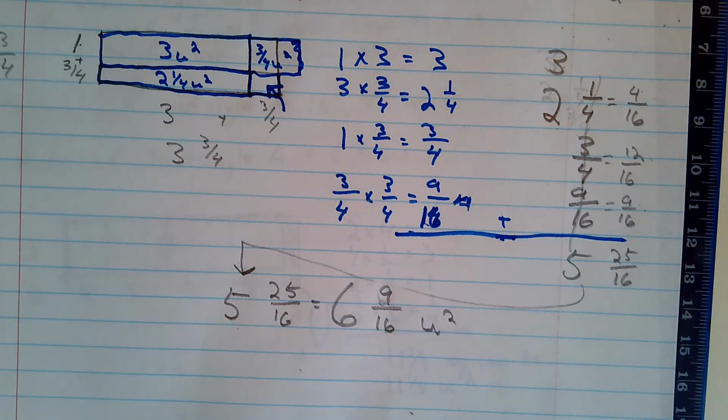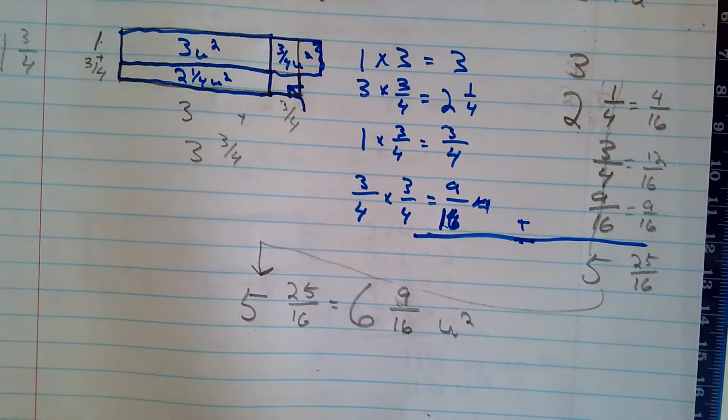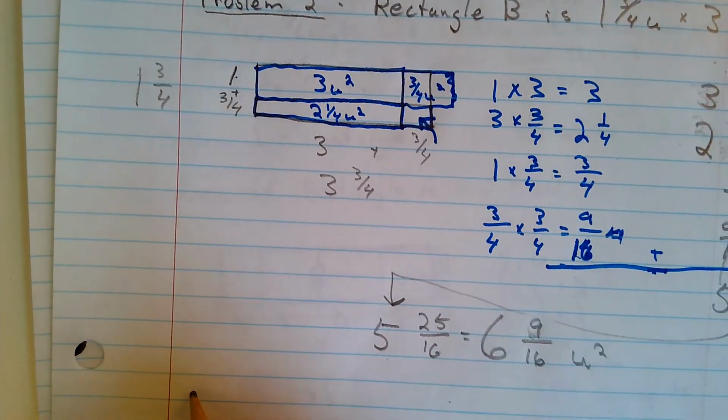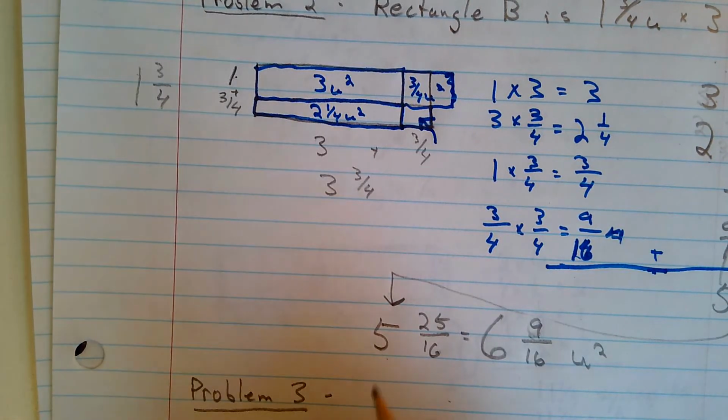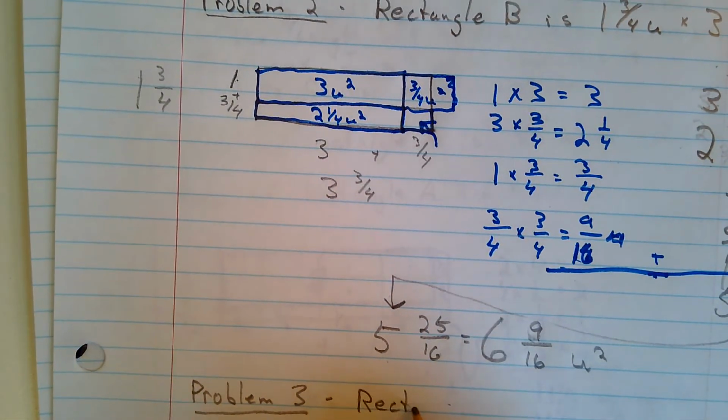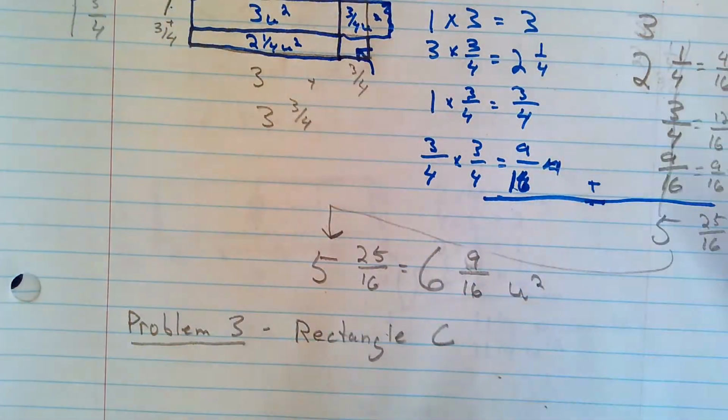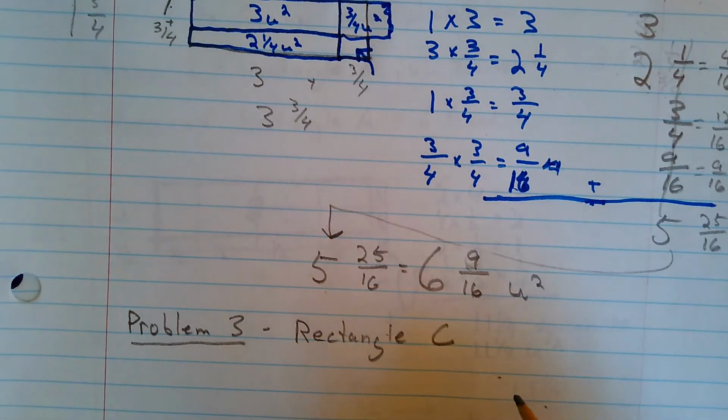Now, I would like you to do rectangle C, and here is the dimension of rectangle C. Problem 3 is rectangle C. And rectangle C is, what did I want?